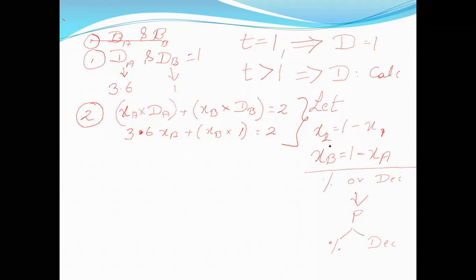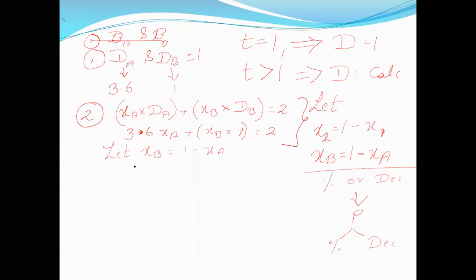So if we want to calculate a proportion which is unknown, we substitute it in terms of some other variable, and this is the equation that we get. Clear? So in my case here, I will write let xb is equal to 1 minus xa.